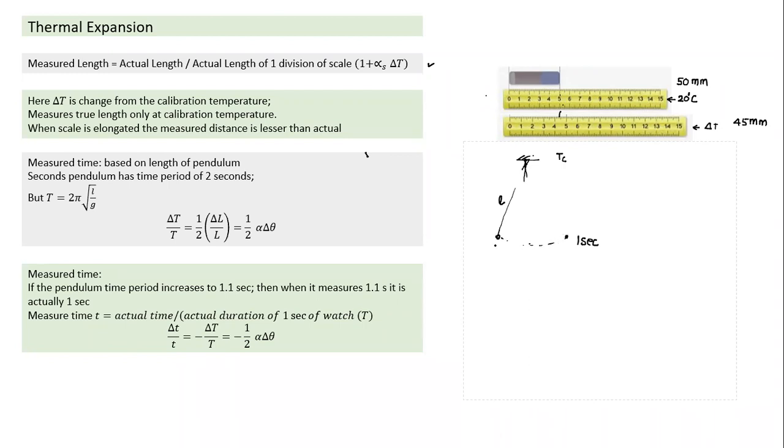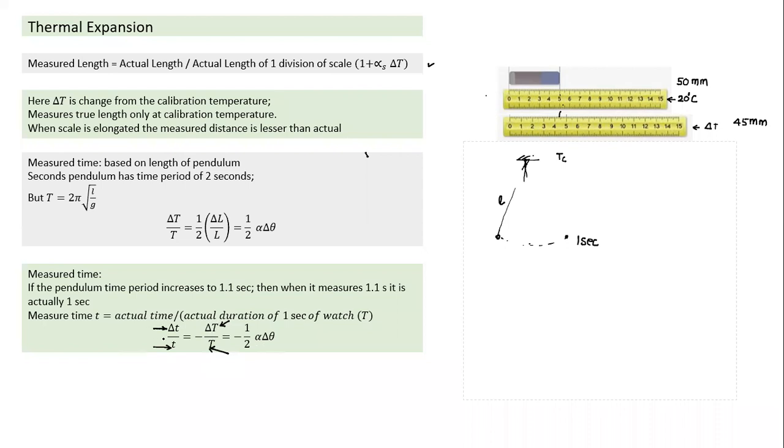The time taken for half a swing is proportional to T, so t is inversely proportional to the time period of the pendulum. So delta t by t is equal to minus delta T by T. This is the error in time measured, and this is the change in time period due to change in temperature. What is delta T by T? It is equal to minus 1 by 2 alpha delta theta.